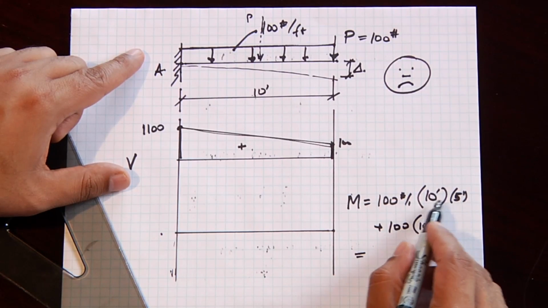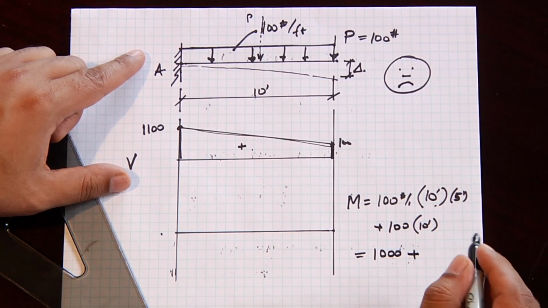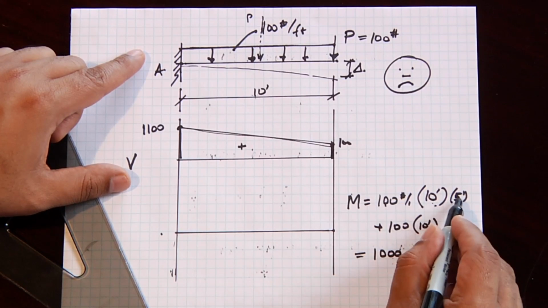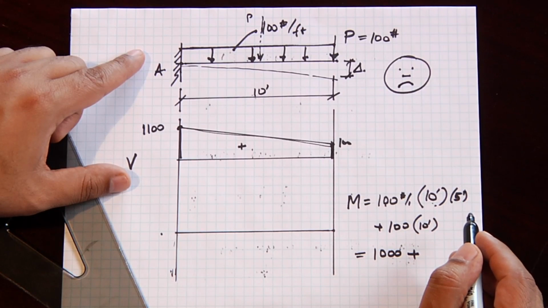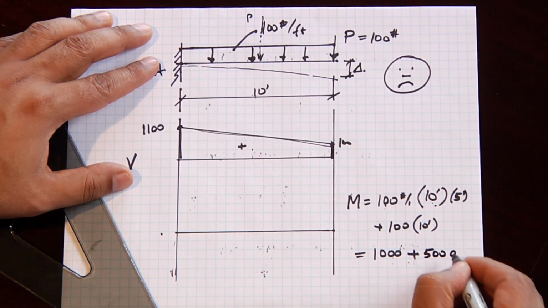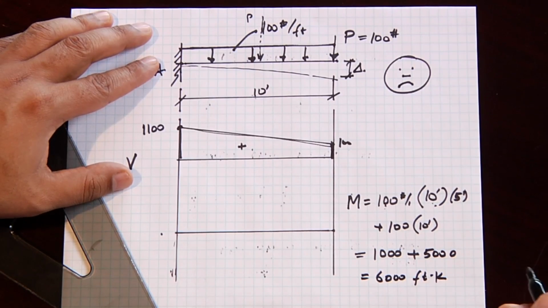And so this is 100 times 10, which is 1,000, plus 100 times 10, which is 1,000, times 5. 1,000 times 5, which is 5,000, which is equal to 6,000 foot kips.